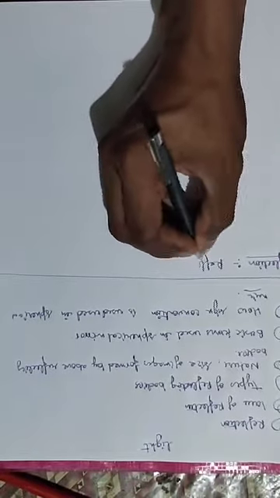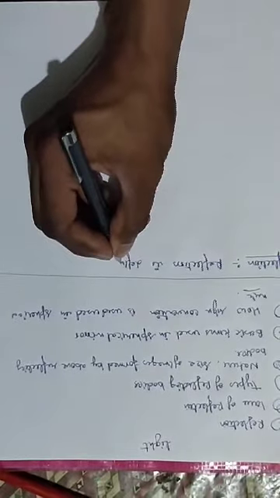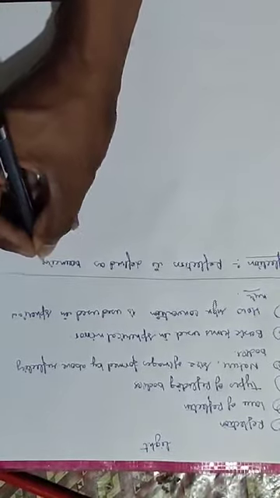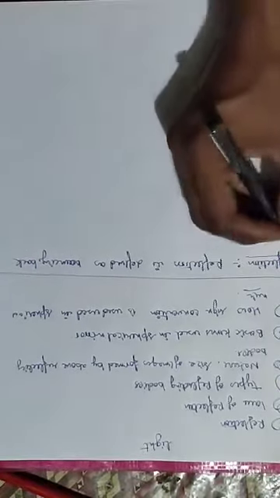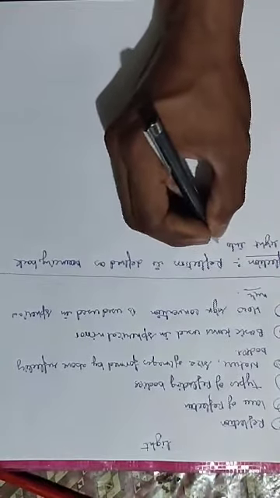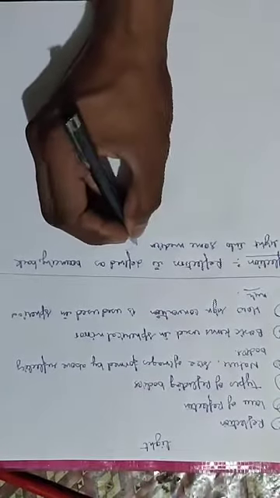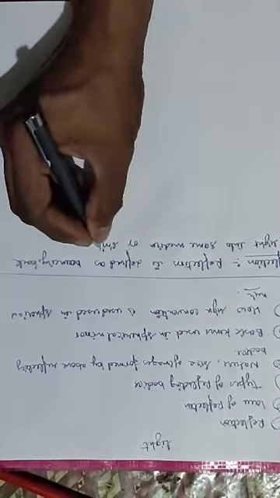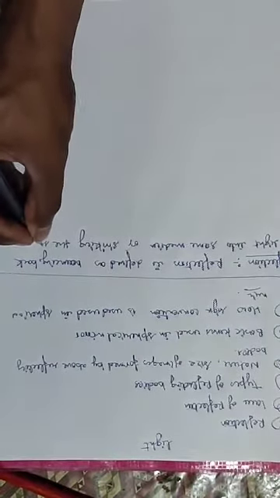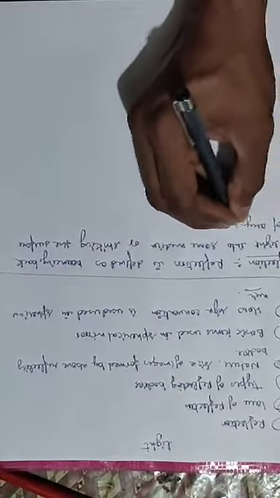Reflection is defined as the bouncing back of light into the same medium, meaning the medium is not changing. The light is bouncing back into the same medium after striking the surface of any object.